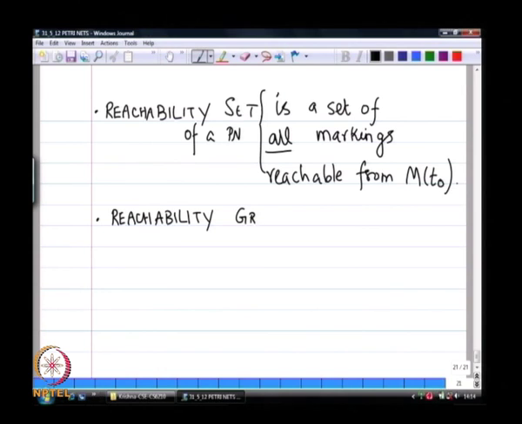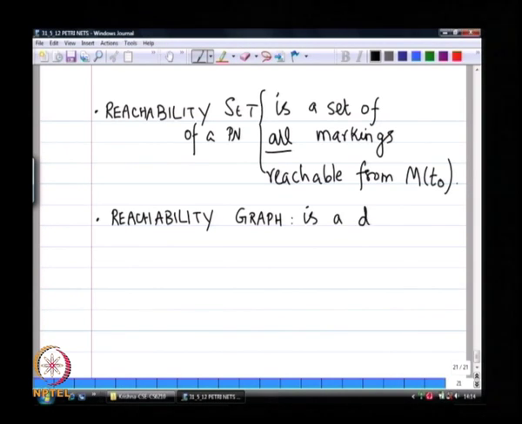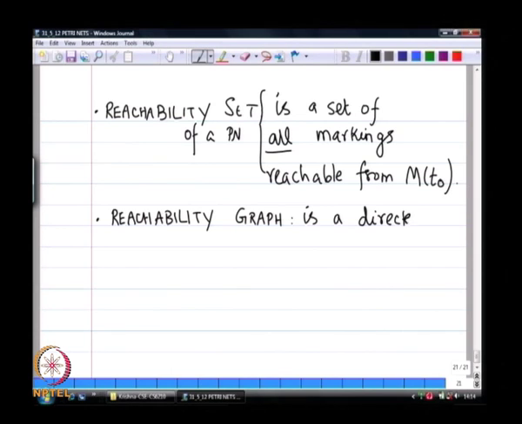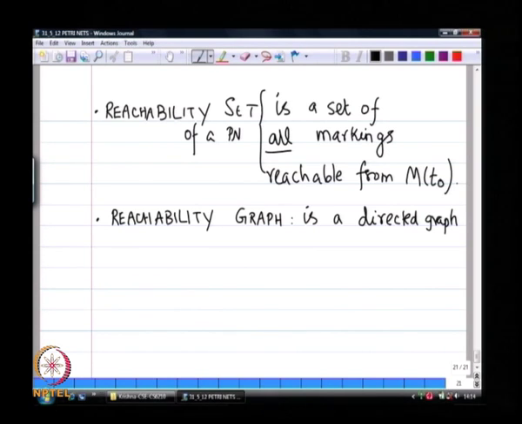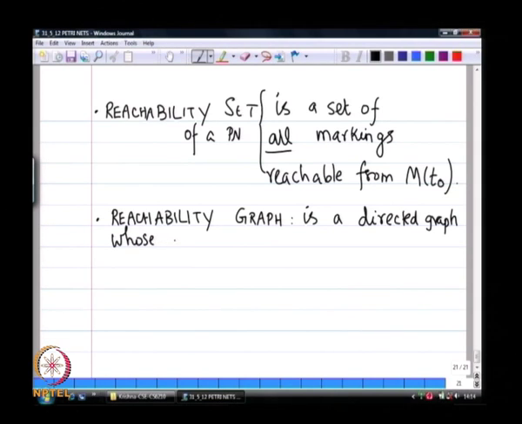So a reachability graph, as the name suggests, is a directed graph, okay. The reachability graph for a Petri net is defined as a directed graph whose nodes are, so what are the nodes for the reachability graph?